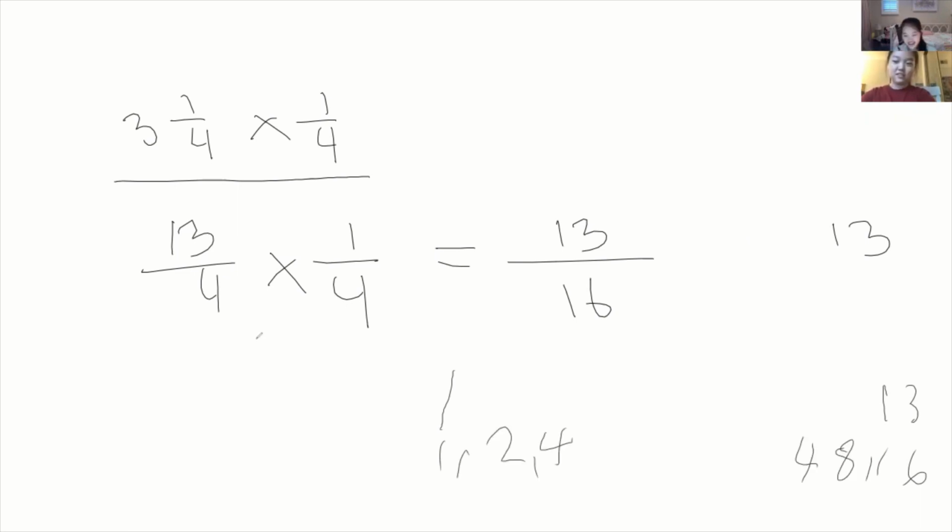Uh-huh. Yeah. Also, because it's 4 and 4, you only have to write 1. All right, so if you compare the common factors, there's only 1, right? But any number divided by 1 is just itself. So basically, there's no need to simplify this because it's already in its simplest form.